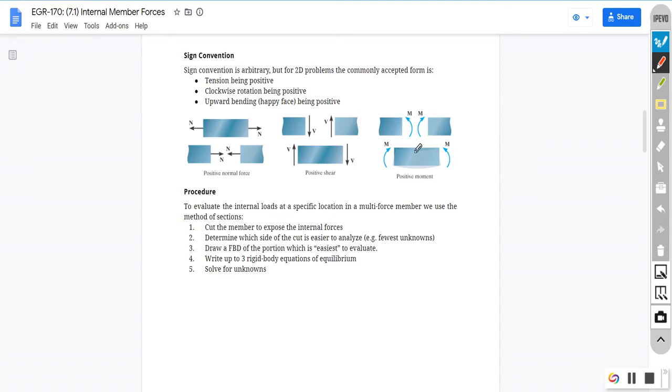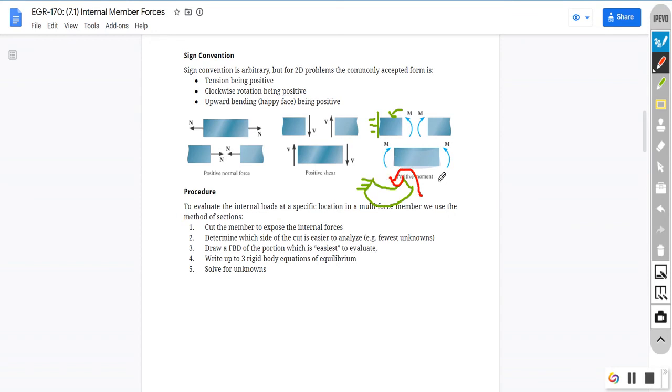And then the last one is our moments. A positive bending moment: if you imagine that this is fixed to the wall over here, and I tried to apply a force, I'd be pushing down here. Well, then this beam, I'm going to exaggerate it, would bend like this, where it's still pinned to the wall over here, and I now have that external force pushing down on it.